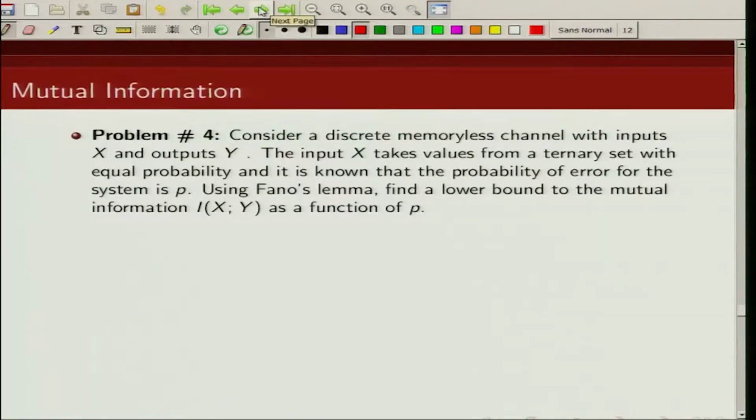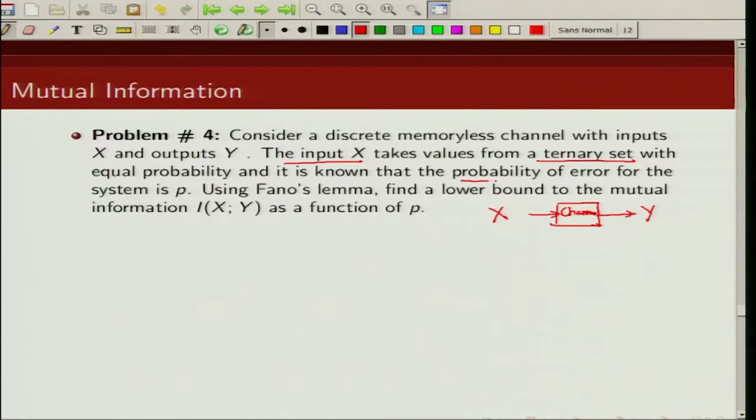Now let us consider a discrete memoryless channel that has input x and output y. The input x takes values from a ternary set with equal probability. So let us say it takes 0, 1 and 2 with equal probability.